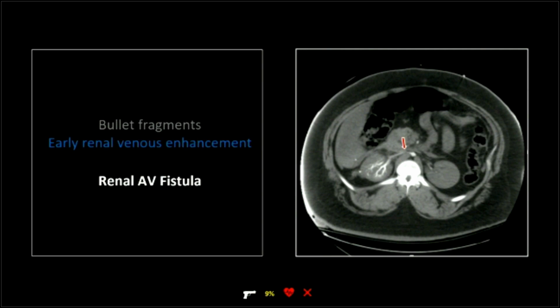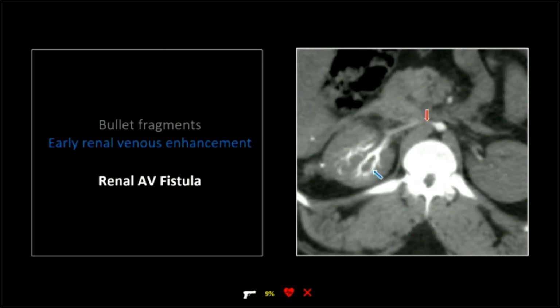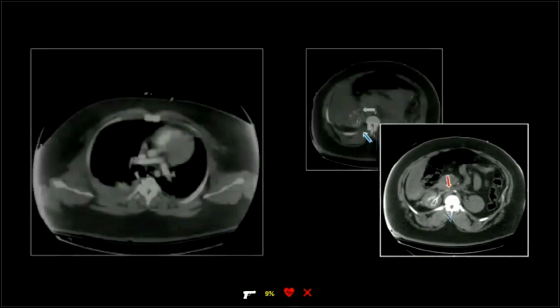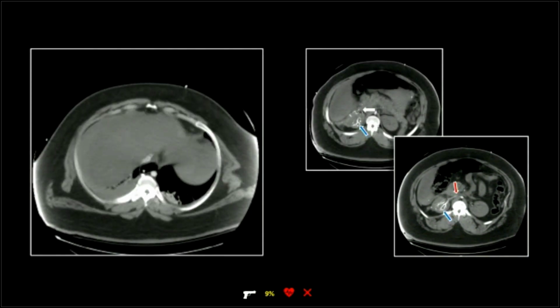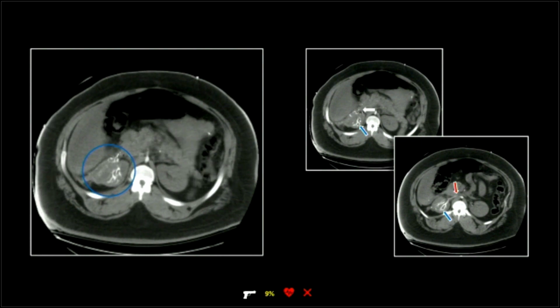But here, you can actually see this is in the arterial phase, right? And right at that point, there is a communication between the renal artery and the renal vein that is resulting in arterial pressure, retrograde opacification of the right renal venous system. And in this particular case, of course, we're not going to see retrograde contrast coming down the IVC, right? So you don't see any retrograde contrast.